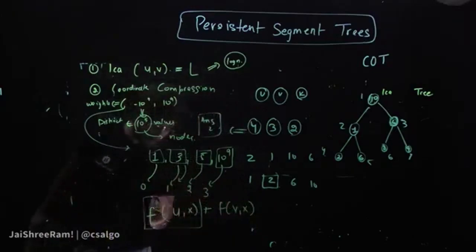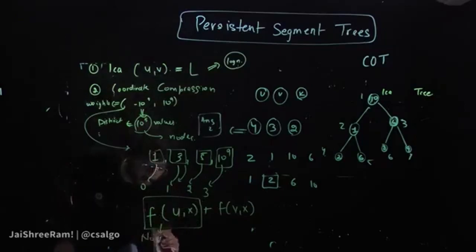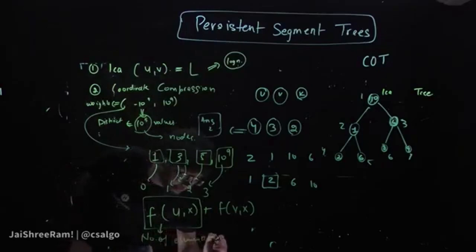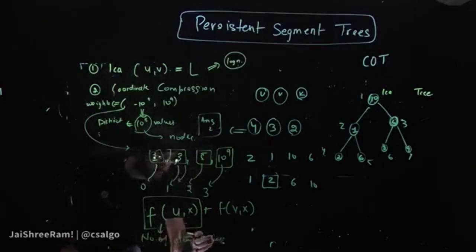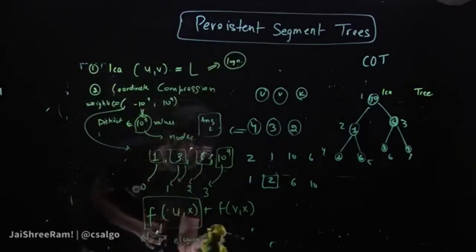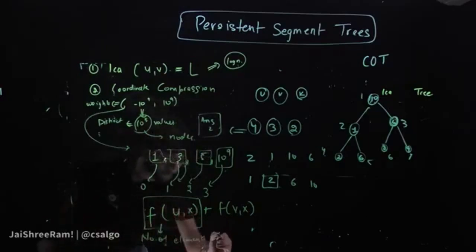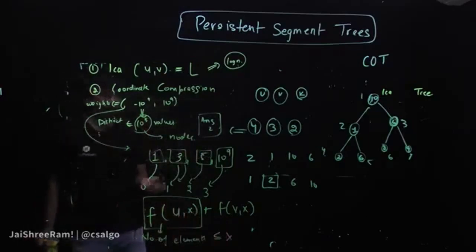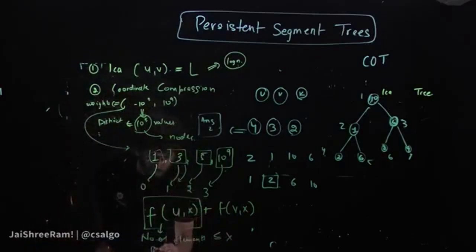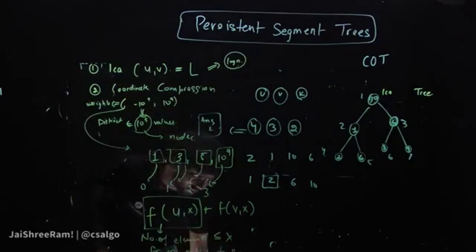This can be described as the number of elements less than equal to x from node u to the root of the tree. Yeah, now things make sense.